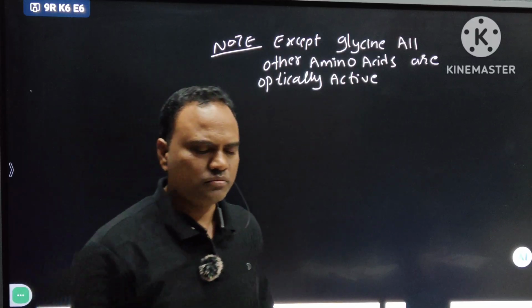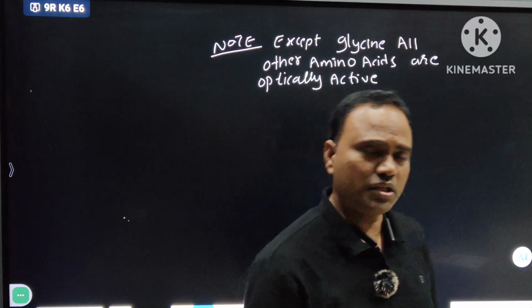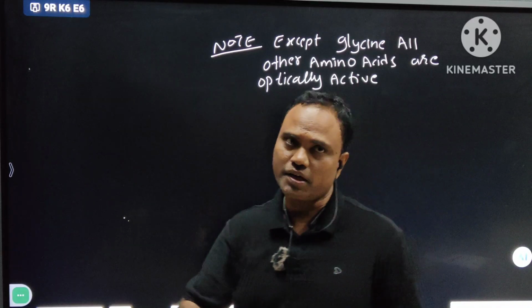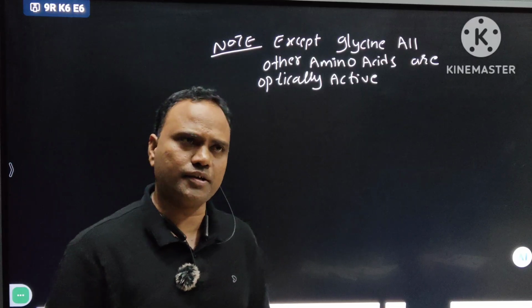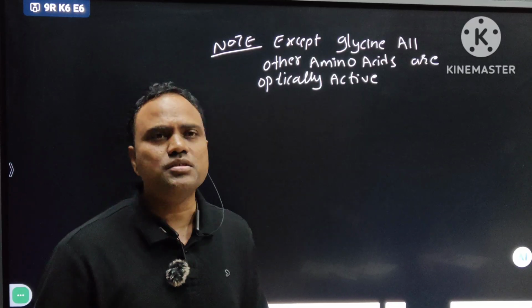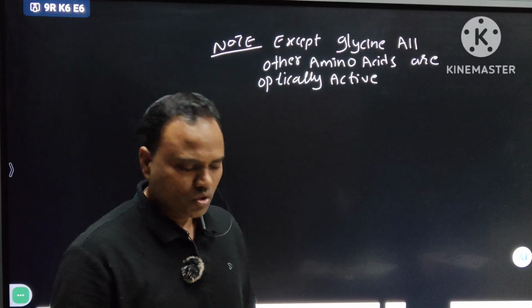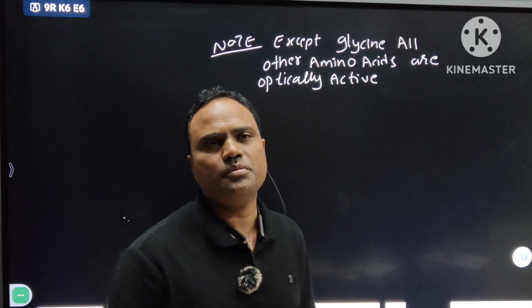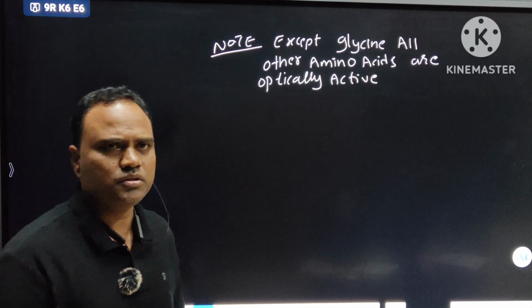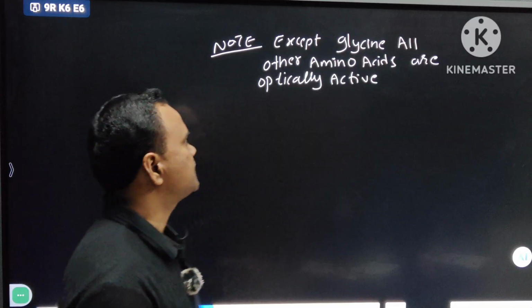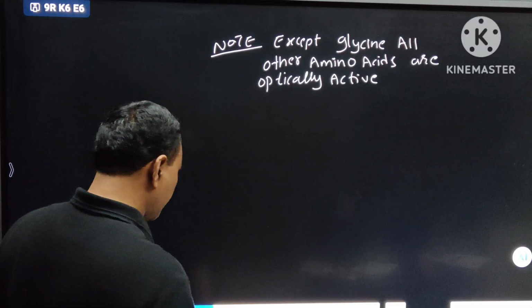In glycine, a chiral center is not present, but in the remaining amino acids, chiral centers are present. That's why the remaining are optically active. Only glycine is optically inactive. Which of the following is an optically inactive amino acid? Glycine. Remaining are active only. First structure, that one, glycine only.